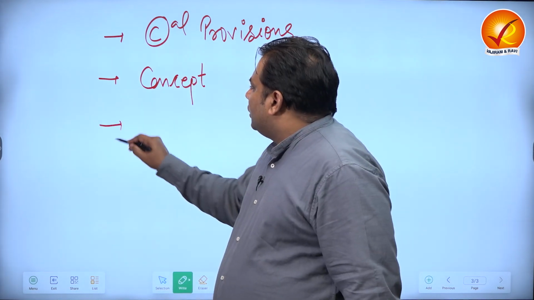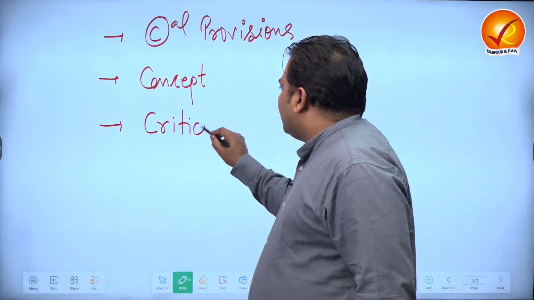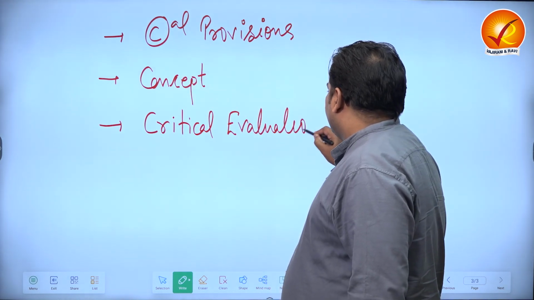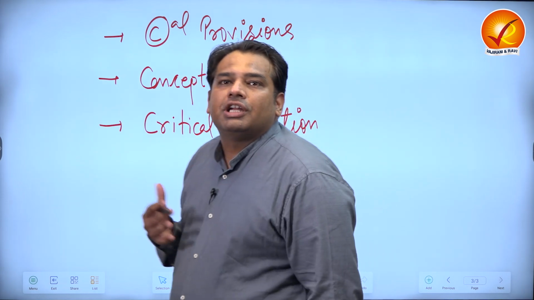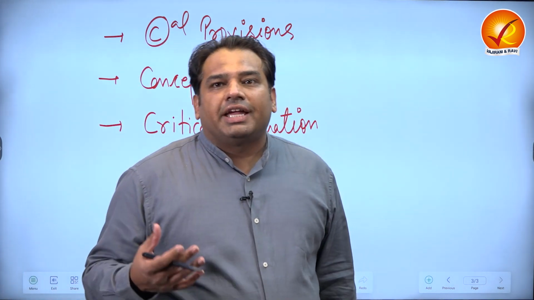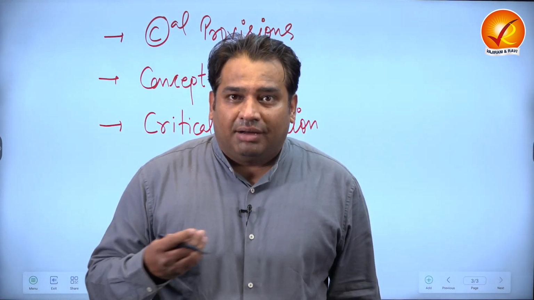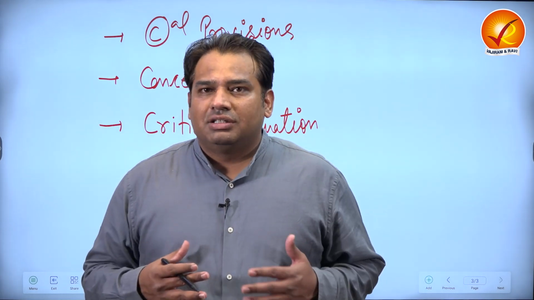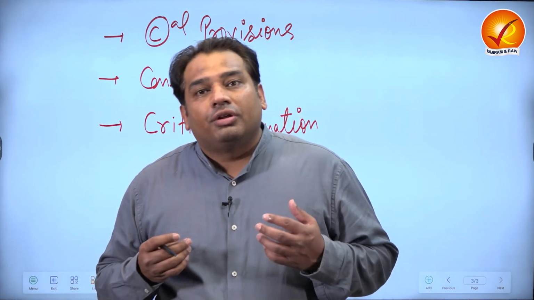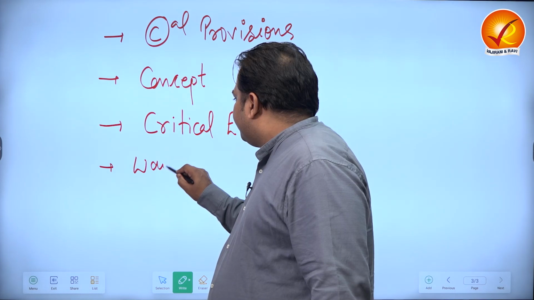Then apart from this, we also have to focus on more and more critical evaluation. So critically analyze such a topic, because there can be questions like comment, or critically examine. For that purpose, advantages and disadvantages of the concept are useful. Thereafter, you also require a way forward.